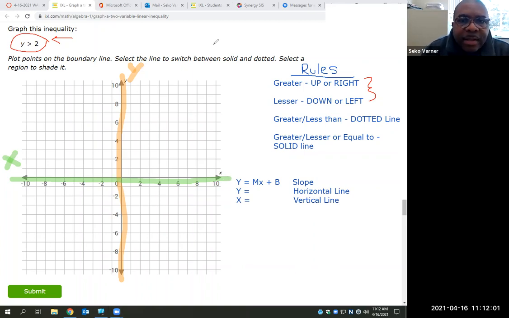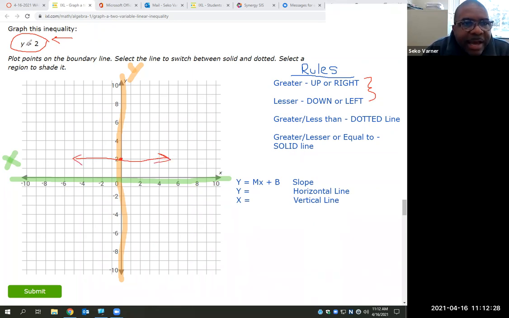So I'm going to go on the y-axis right here, put a point, put my little dot. And then what type of line? If it's just y equals, it's a horizontal line. So I'll make a horizontal line on y.